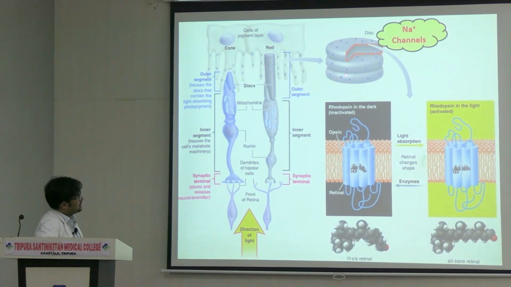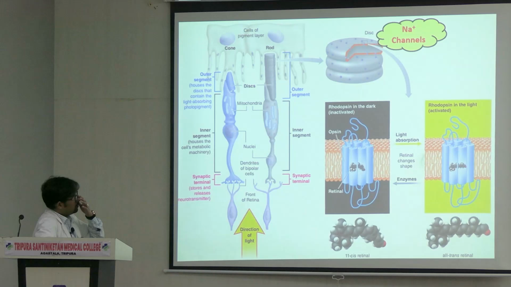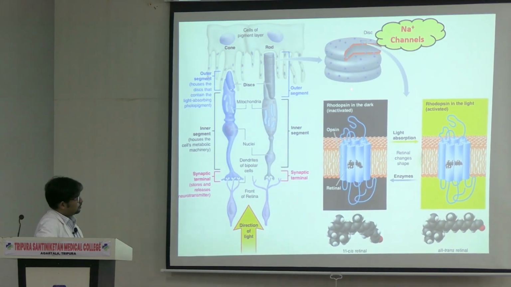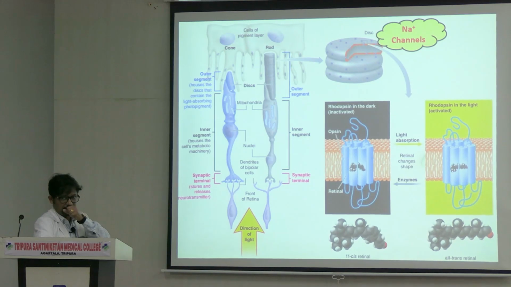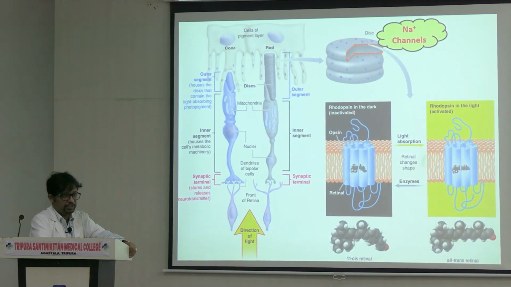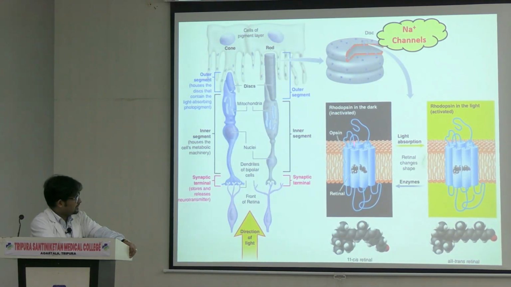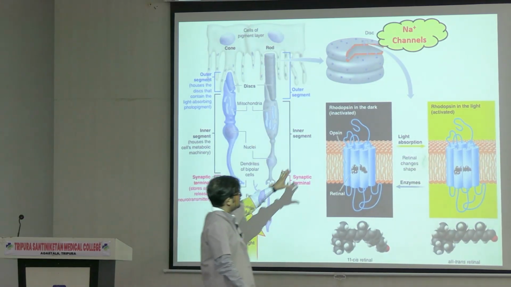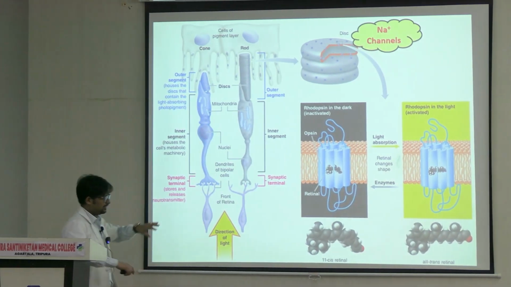So what you see here are the stacks where photopigments are present, and photopigments are present like this, right. So this is an aldehyde and a protein held together. The structure that you see in black is the aldehyde part, and the ones which you can see spanning the membrane are the protein part. I'll get back to this.